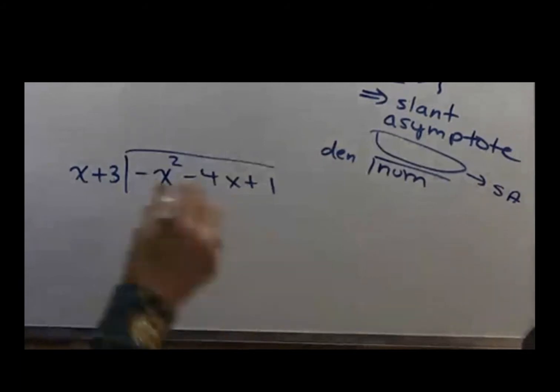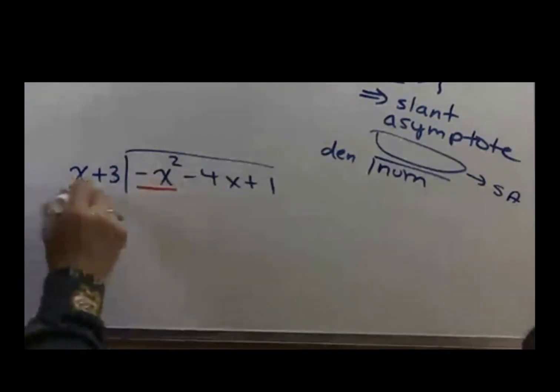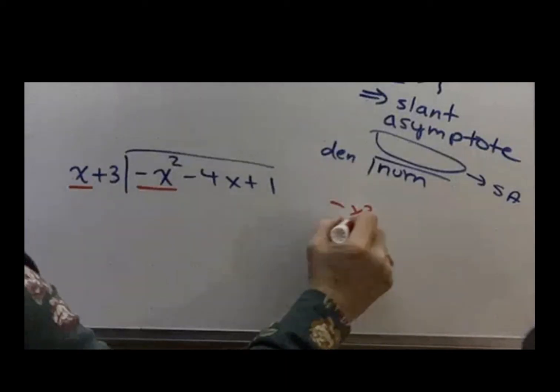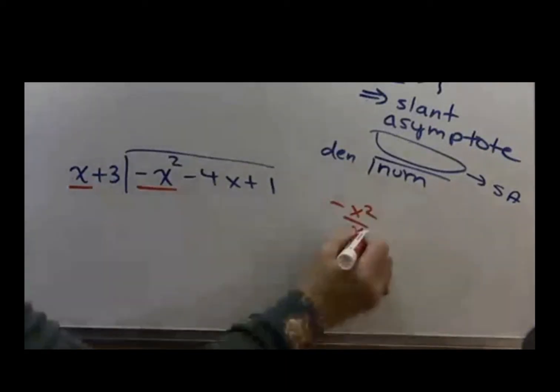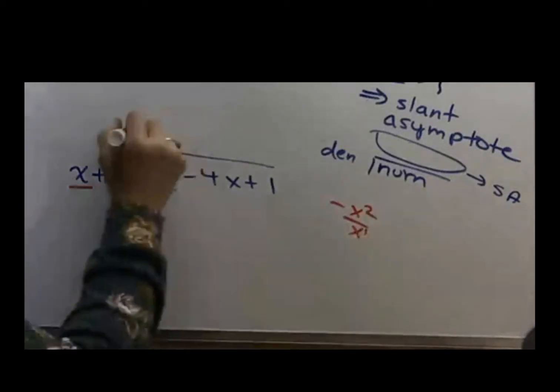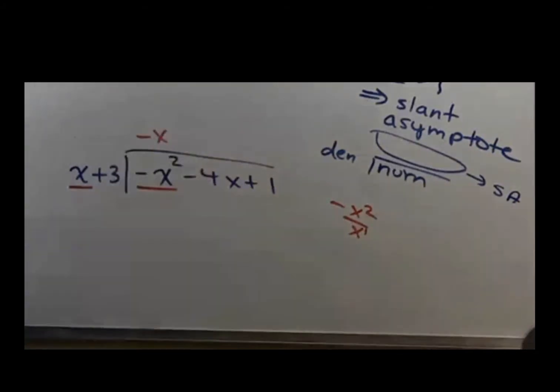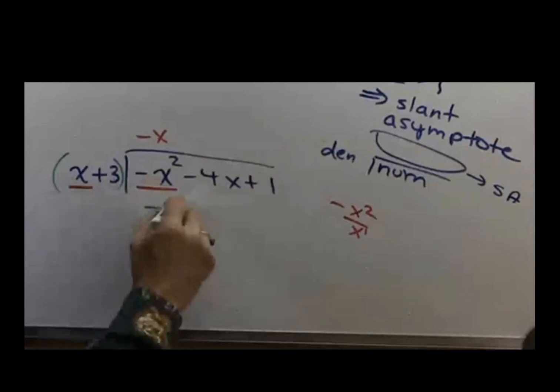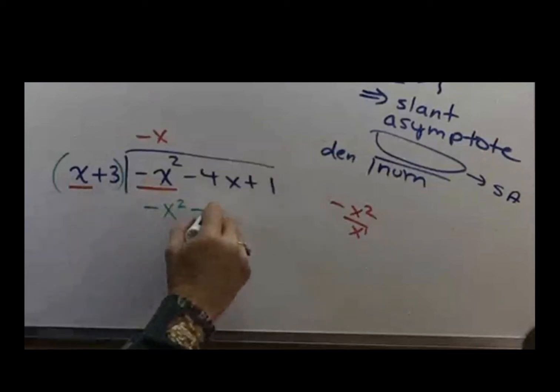So we look at negative x squared divided by x. Negative x squared divided by x gives me negative x. And so then I multiply. So I am taking the x plus 3 and multiplying it by the negative x, and I get negative x squared minus 3x.